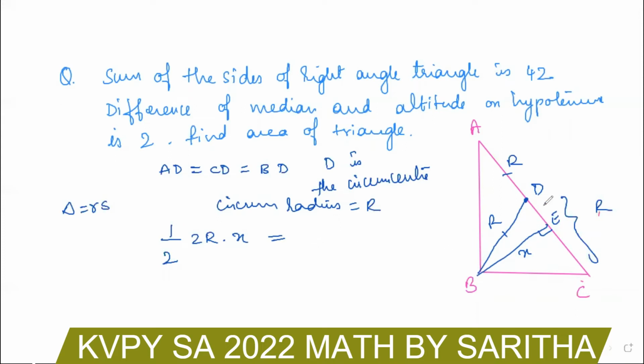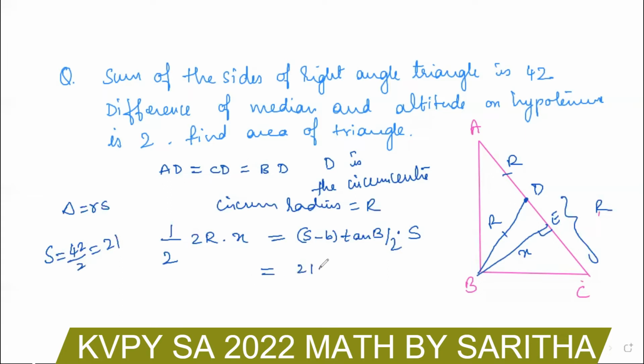And r also, according to the information we have, can be written as (s - b) tan(B/2). So here s is 21 because the sum of the sides of the right angle triangle is given as 42, so it should be 42 by 2, which is 21.